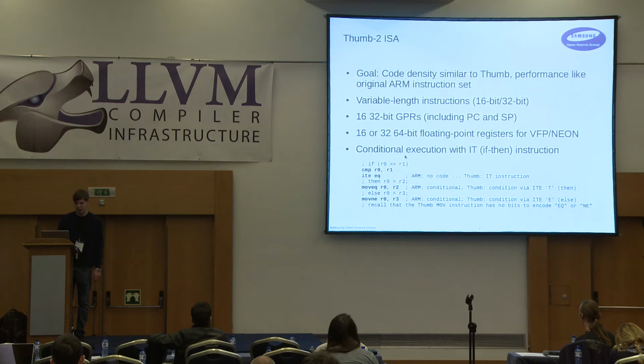So here's a really small example implementing an if statement with predication with the IT instruction. So you can see we are doing a comparison here. Then we have our if-then instruction, and if the condition matches, then we execute this instruction, and if not, this instruction gets executed, and then we have either R2 or R3 in our destination register R0.